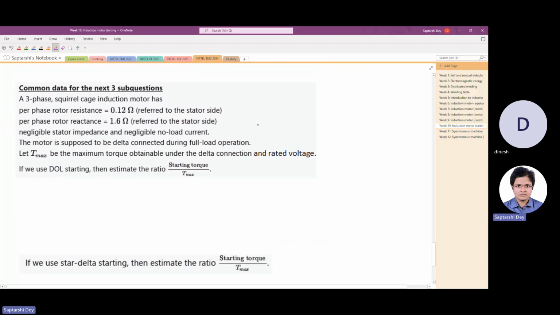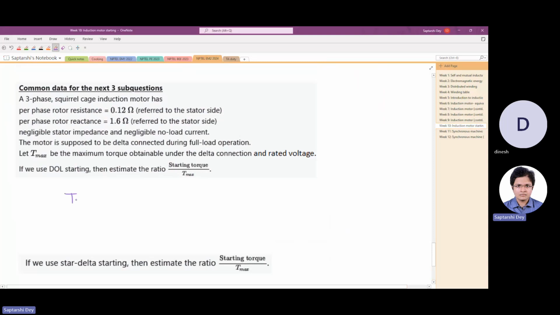If we use DOL starting, estimate the ratio of starting torque by Tmax. We're using DOL starting. Okay, so as of now, there is no trickery with starting.